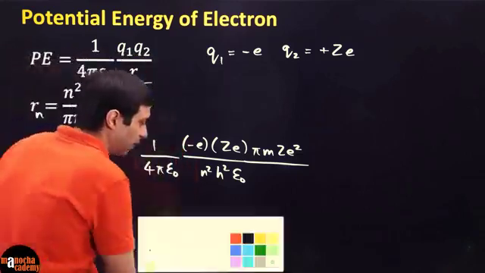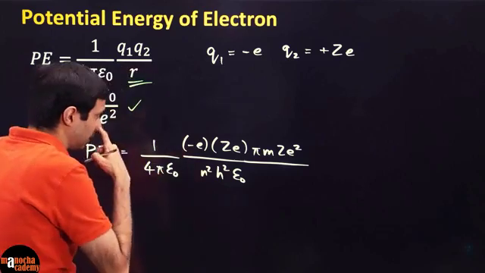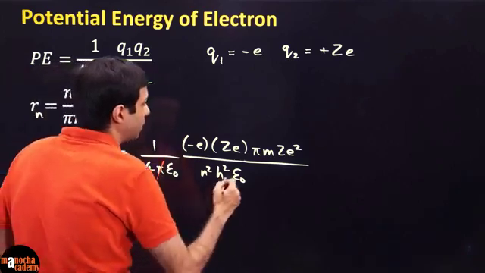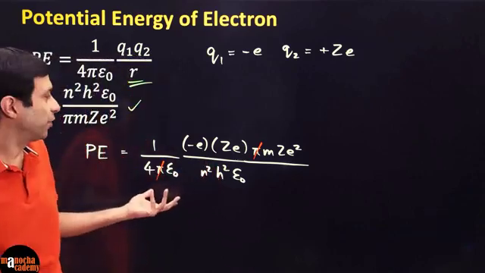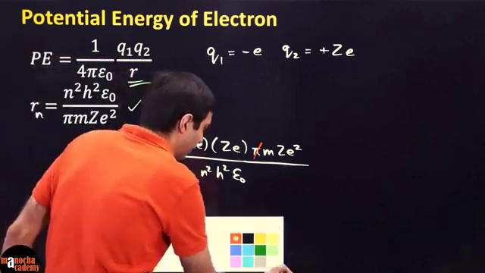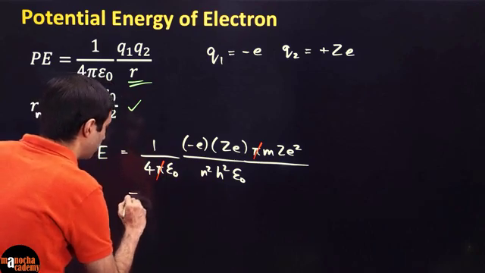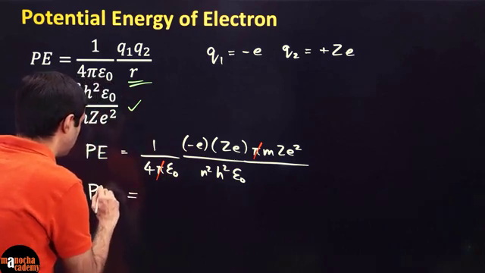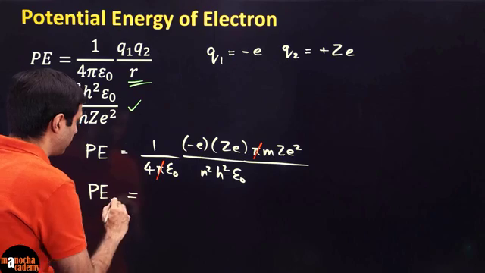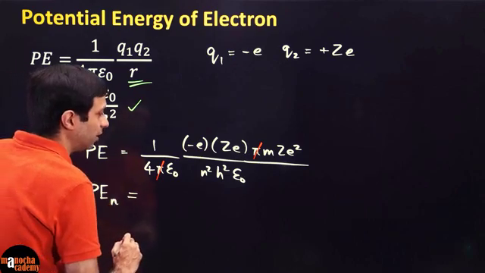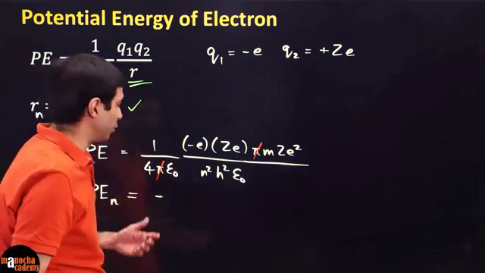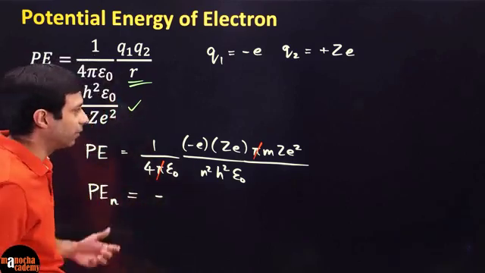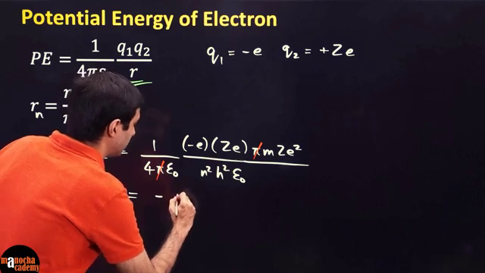So let's see if we can simplify some things here. You can see the pi and pi is going to get cancelled here. And I don't think there's much simplification we can do. So let's see what our final formula works out to be for potential energy in the nth shell. There's a negative sign, minus. We'll talk about that, because why is the potential energy negative? I'm going to bring all these expressions here.